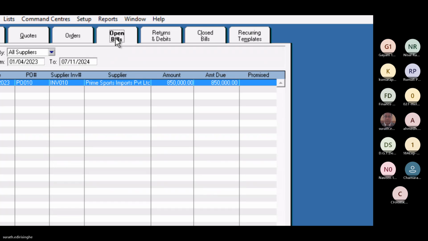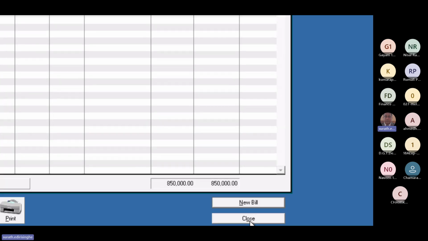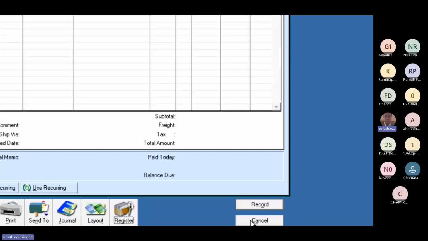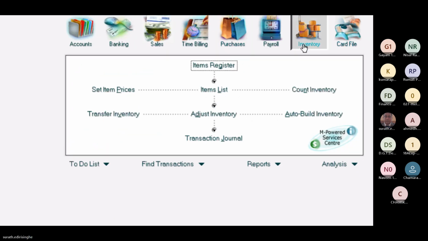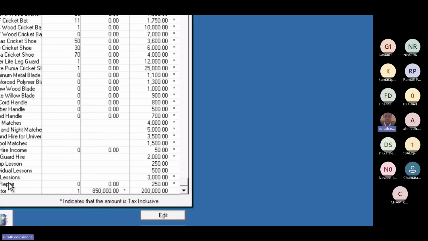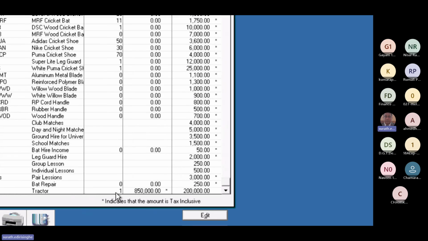GRN status. Then receive the inventory. Now look at here. Go to your inventory section, inventory list section. Go to the tractor. Now there is one quantity of tractor in your warehouse.